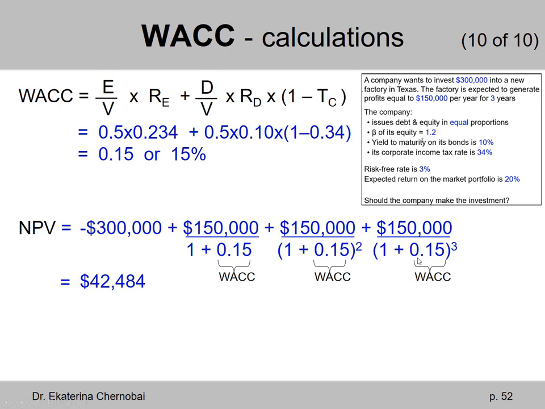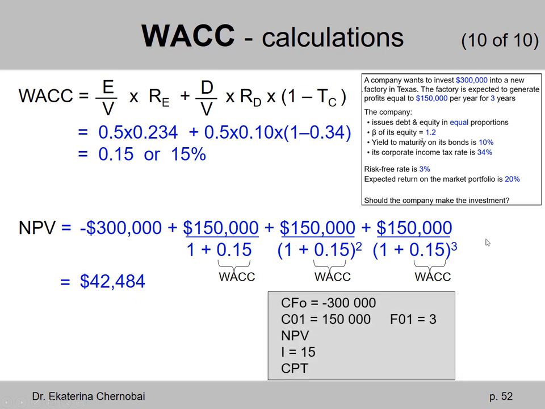And then similarly we add the last discounted cash flow, the third year's $150,000 cash flow divided by 1 plus 0.15 cubed. This gives us the net present value of $42,484. Of course, this whole net present value step could be calculated in one step in the financial calculator using the cash flow keys.